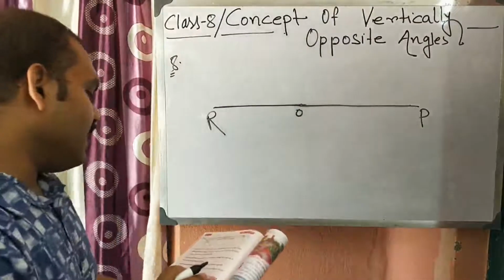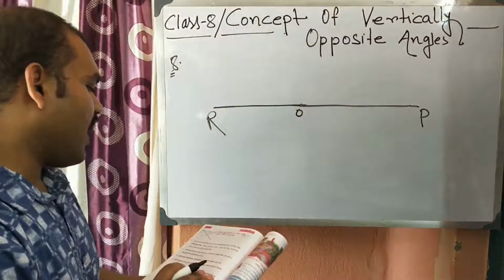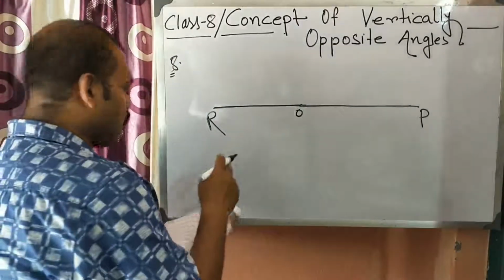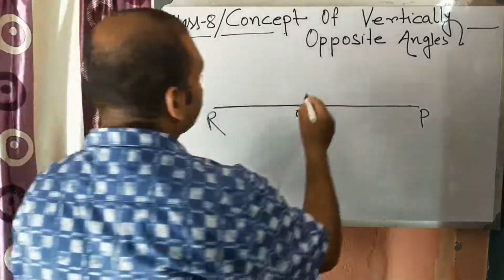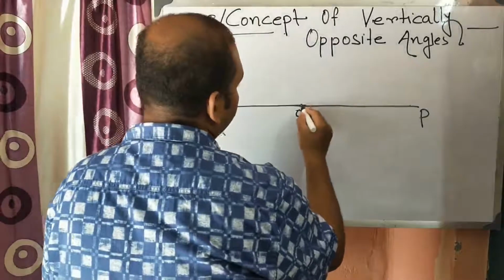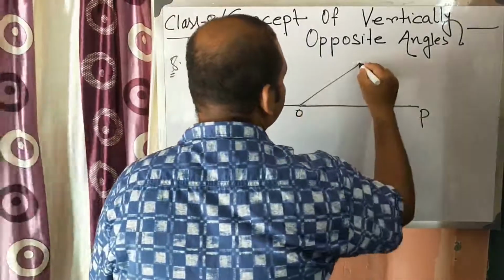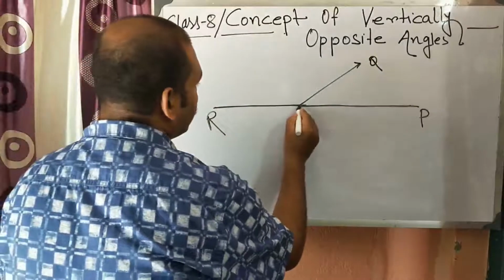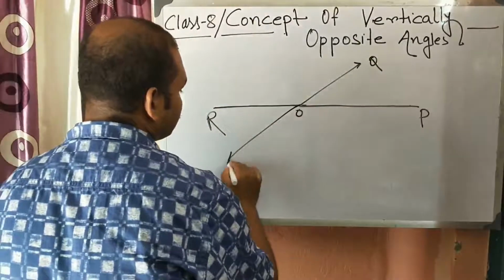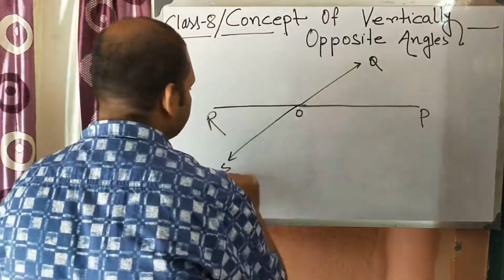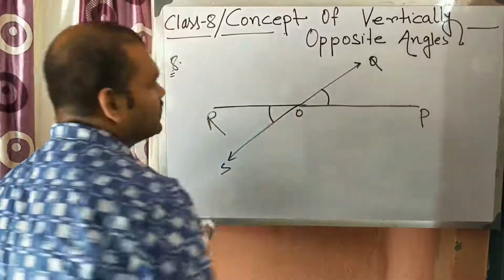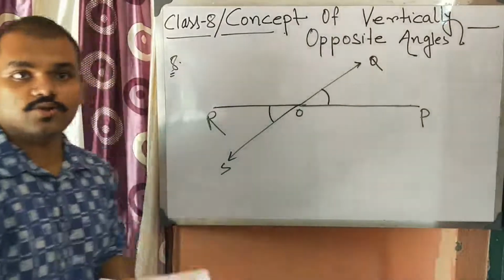Angle POQ and angle ROS are equal. Okay, this is also given.